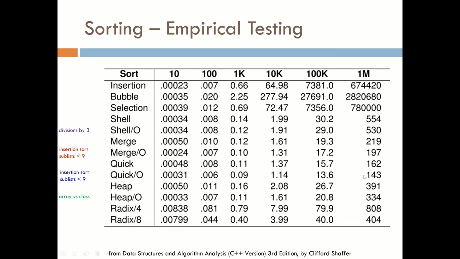You can see that the quicksort methods for sorting 1 million items provided the least amount of time, i.e. the best performance out of any of the other sorting algorithms.